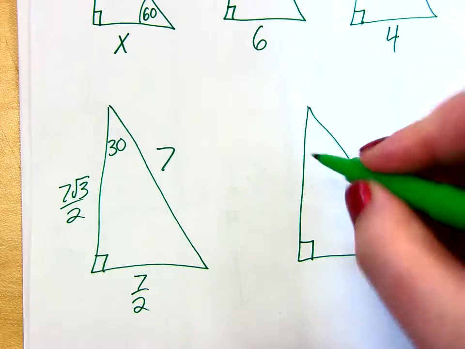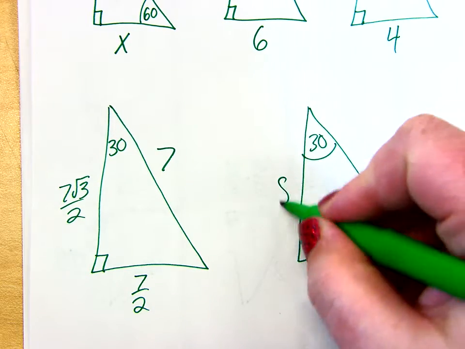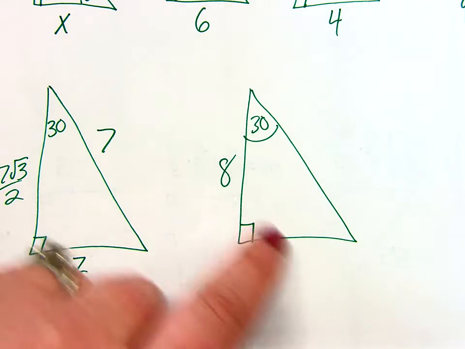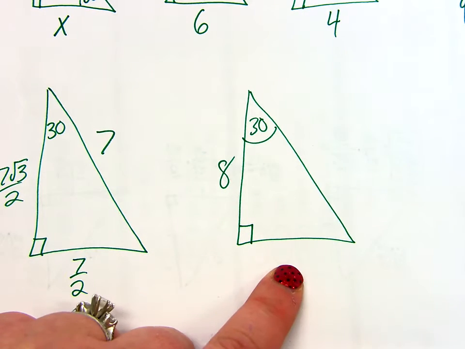What if I told you this side was 8, and you have to find the other two? Right. So you have to take that number and divide it by root 3 to get the short side.